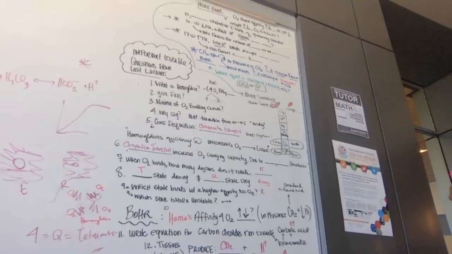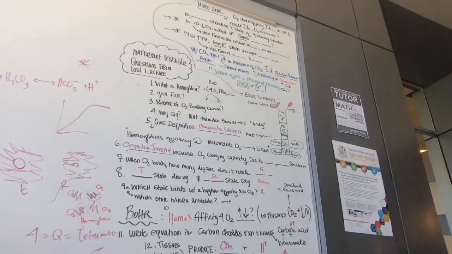So you're saying hemoglobin's affinity for oxygen, that whole thing, hemoglobin bound to oxygen, does it increase or decrease as the pH goes down? It decreases. That's right.